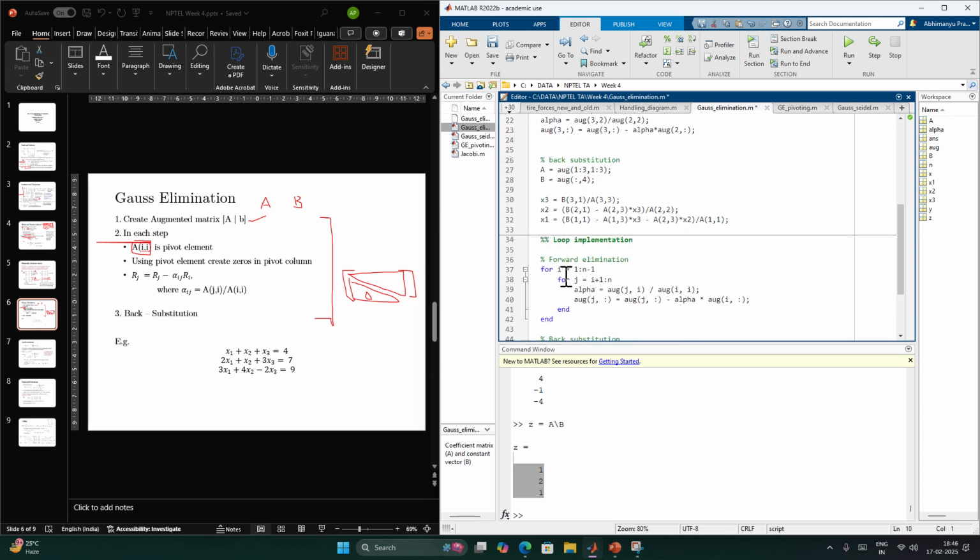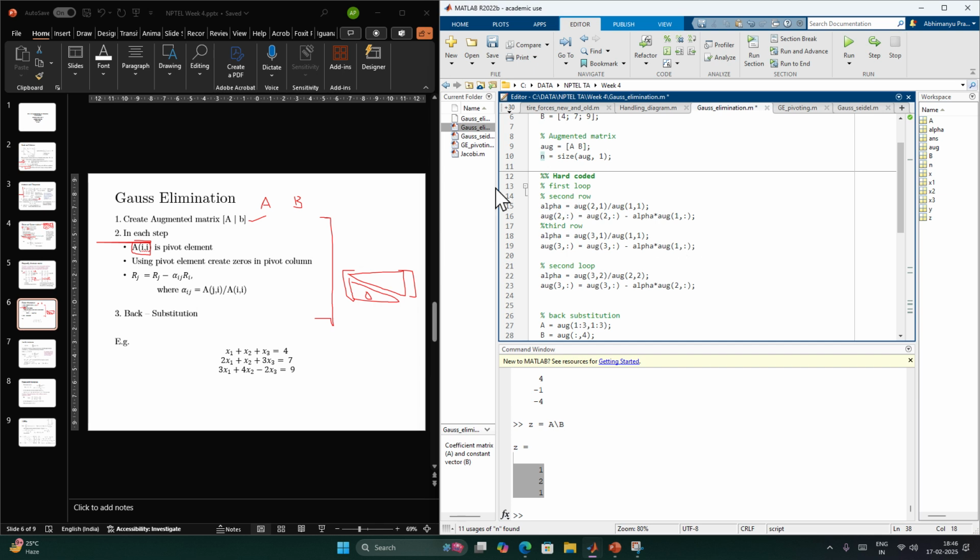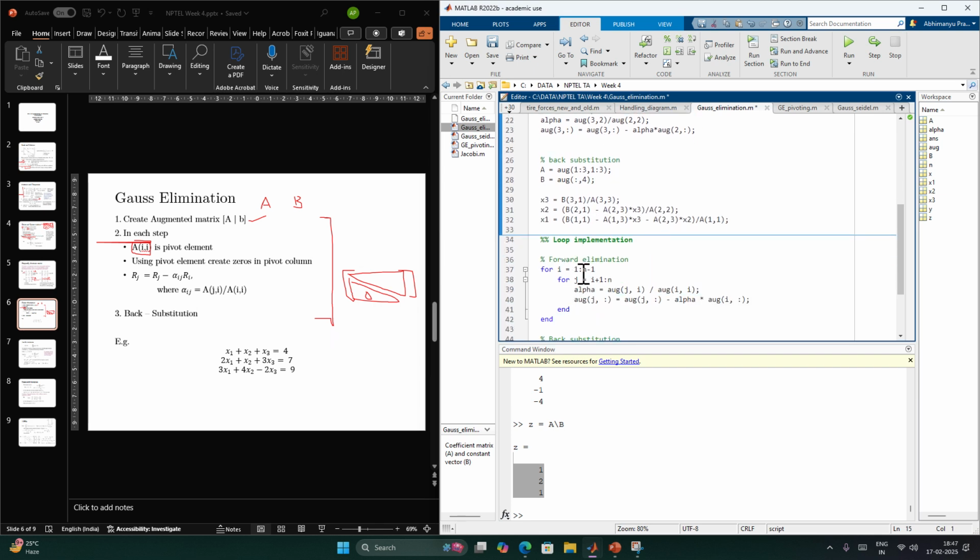In this case I have three unknowns, so I will run the outer loop two times. Similarly, for the inner loop, whatever the value of i is, I will go from i plus one to n. For the second row, i would be one, then i plus one would be two, and my n is three, so this loop will run from two to three.